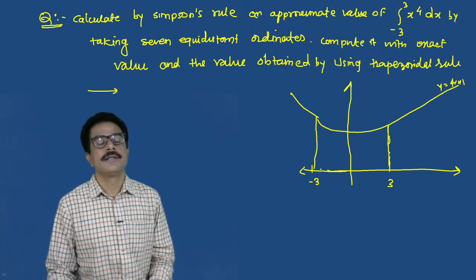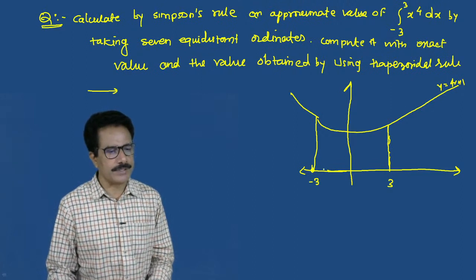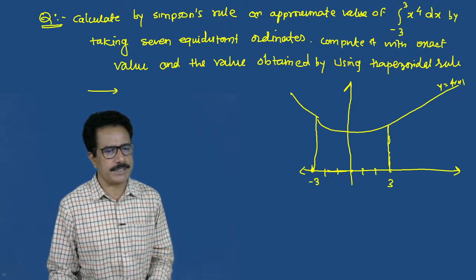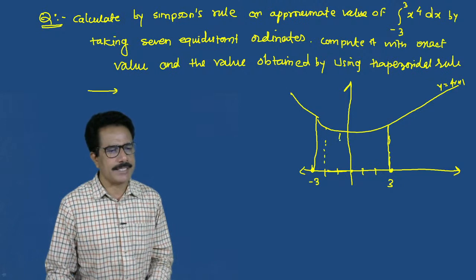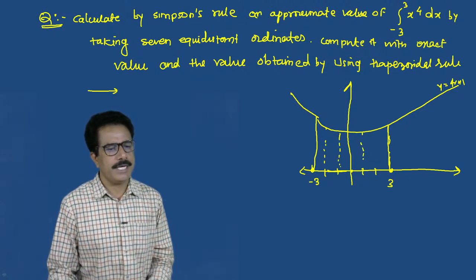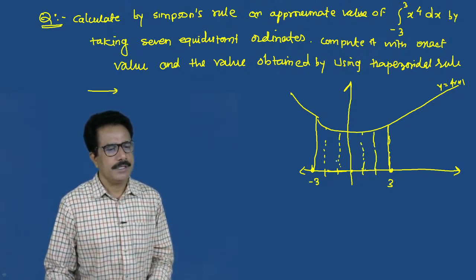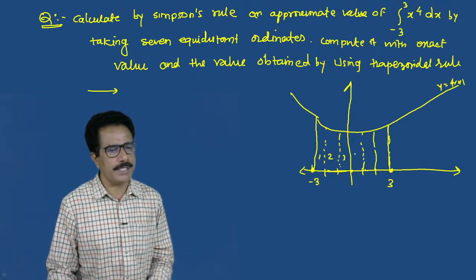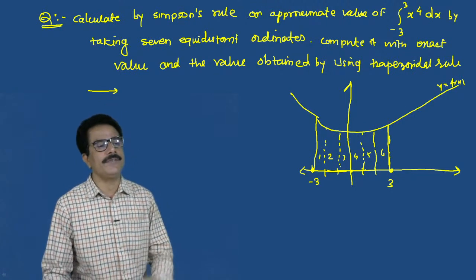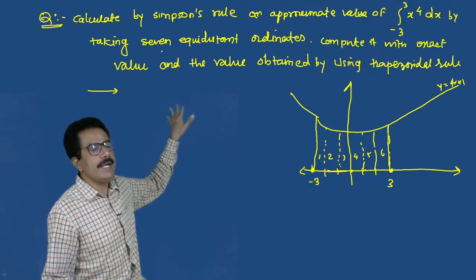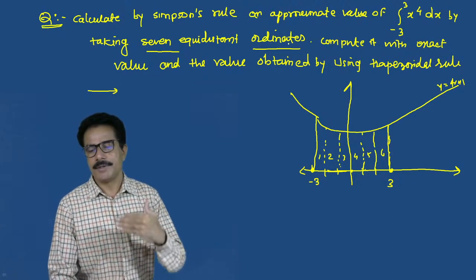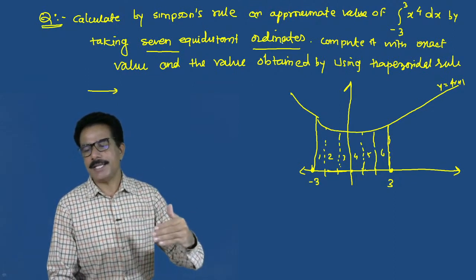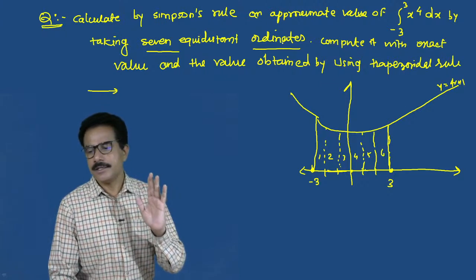By taking 7 points, this is the first, second, third, fourth, fifth, sixth, seventh. So by dividing these, there are 6 different parts: 1 part, 2, 3, 4, 5, 6. If there are 7 ordinates, we can divide this into 6 parts.